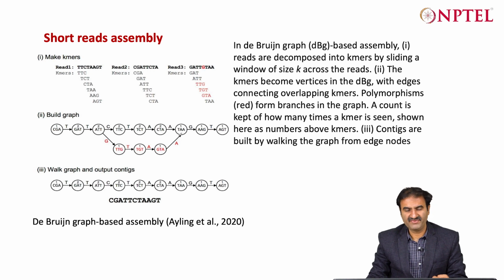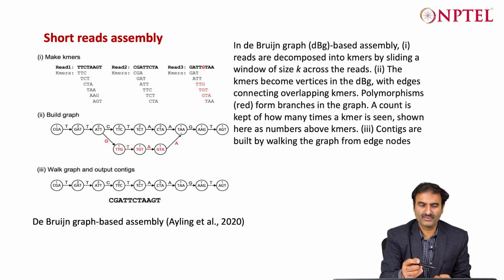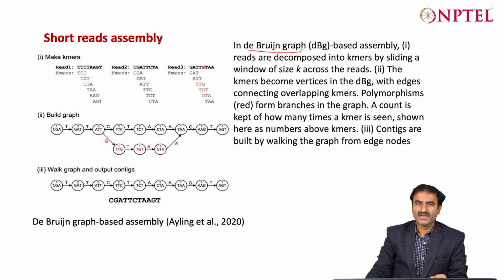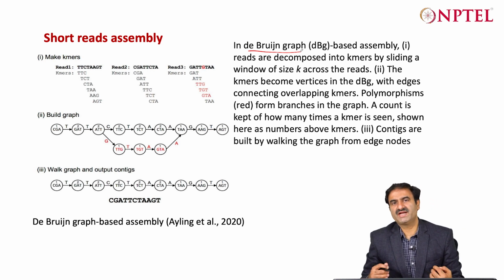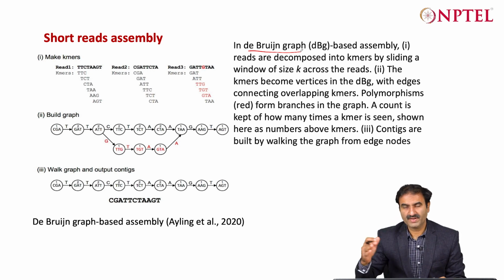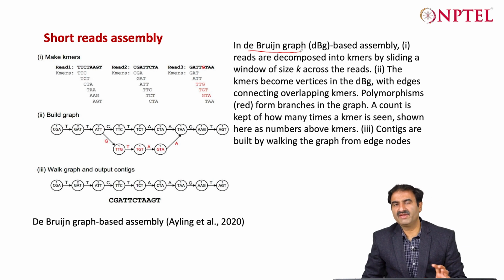Then if you have a lower representation of reads, and you are using an approach for short read assembly such as De Bruijn graph, there you will not be able to generate a sufficient number of nodes and edges to run through to get longer contigs, okay. So you should have sufficient coverage of short reads so that you can achieve good quality contigs, because the algorithm is like that.